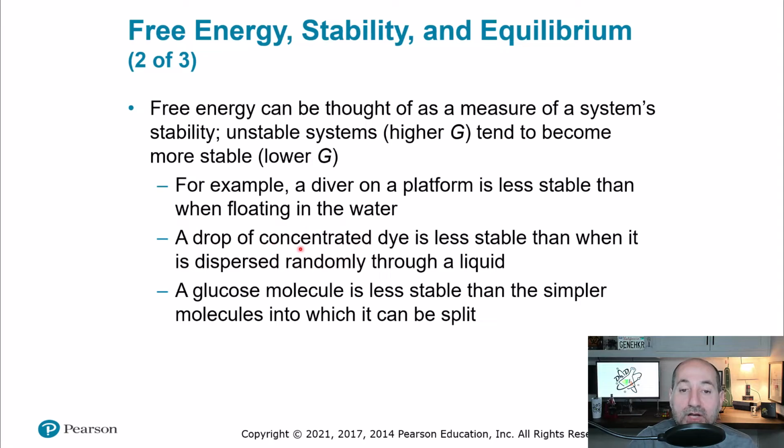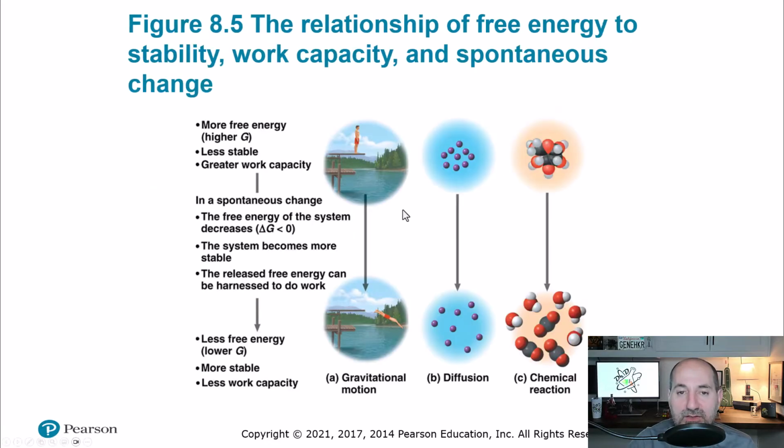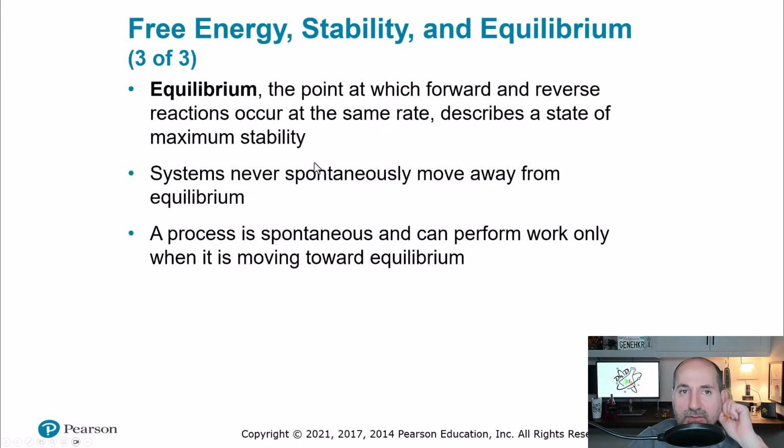The drop of concentrated dye is less stable than when it is dispersed randomly throughout a liquid. The glucose molecule was less stable than the simpler molecules like CO2 and water into which it can be split. So you can think of these as not just high free energy or high G value states, but less stable states as well.